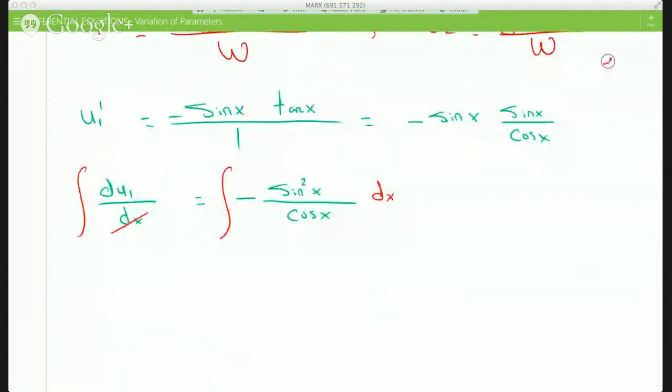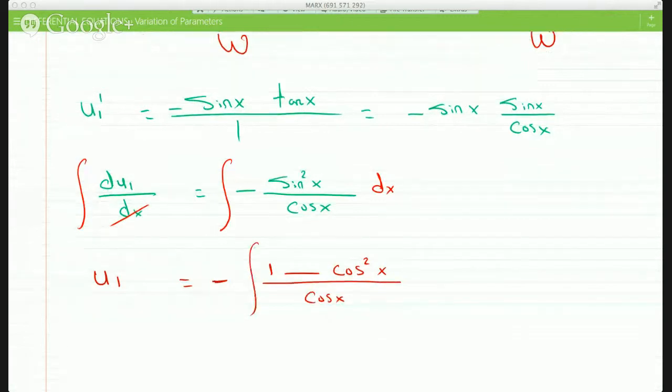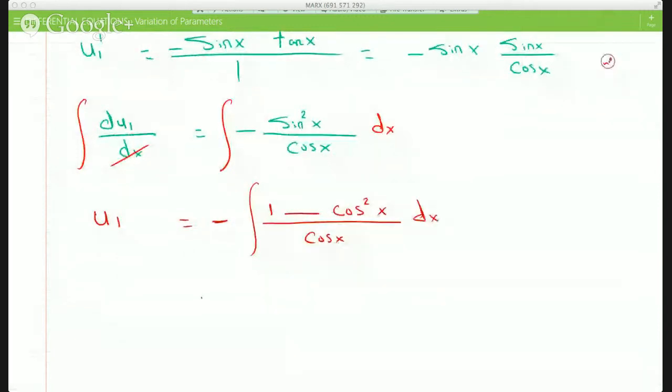So we get u1 to equal minus, okay, now sine squared we can rewrite as 1 minus cosine squared x over cosine x, yeah? dx. Do you know how to integrate this one? And then we can split it.